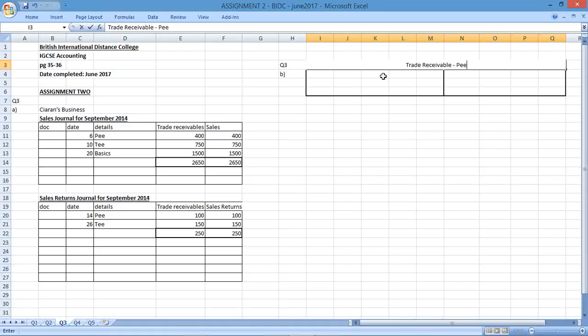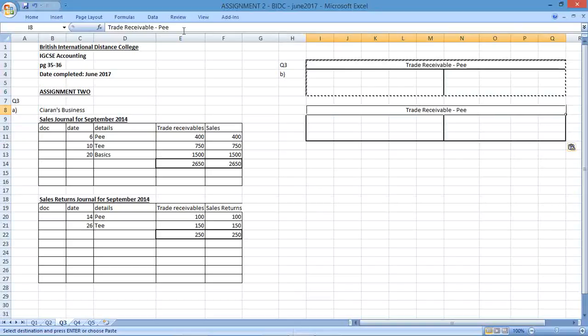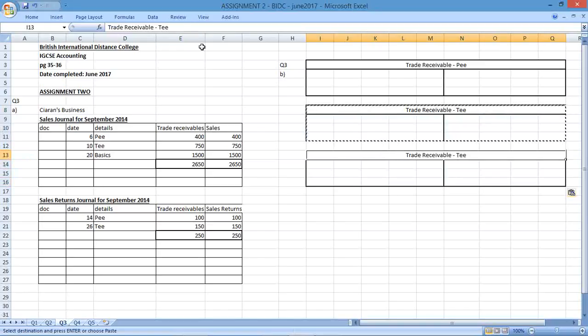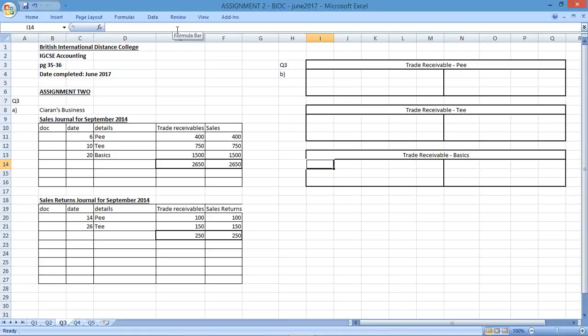P. I'll have a trade receivable for T, and I'll have a trade receivable for Basics. Those are the 3 accounts that they've asked you for.